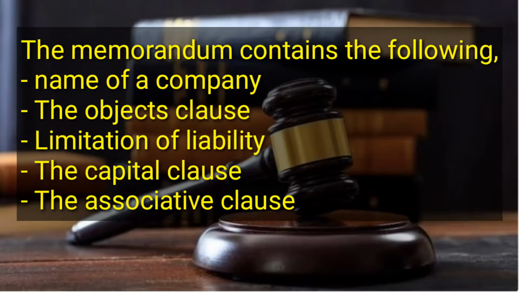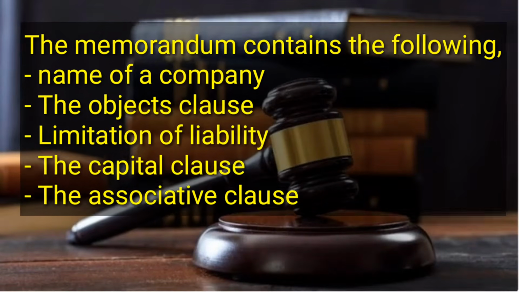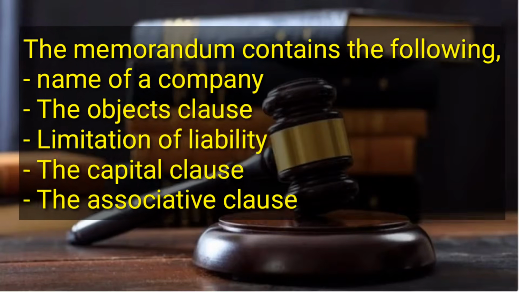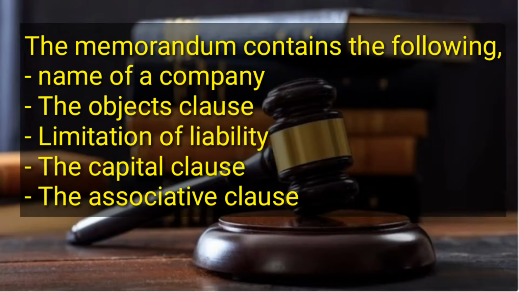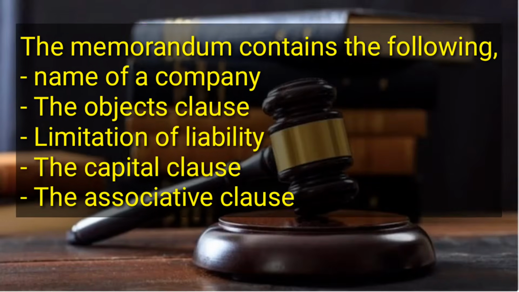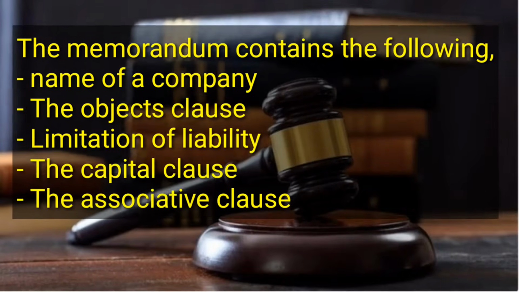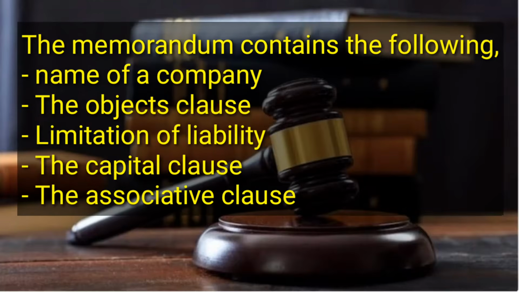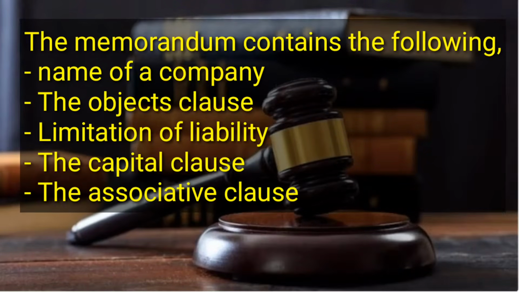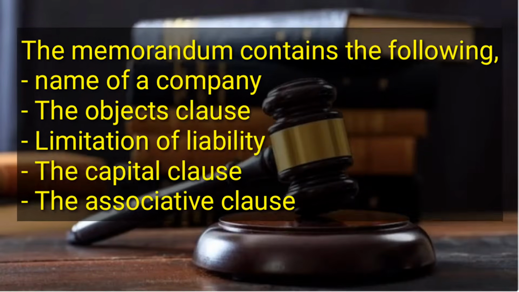The Memorandum of Association also contains information about limitation of liability or the Liability Clause. This states that the liability of members is either limited or unlimited, and this section is mandatory. The Capital Clause shows the capital of the company.